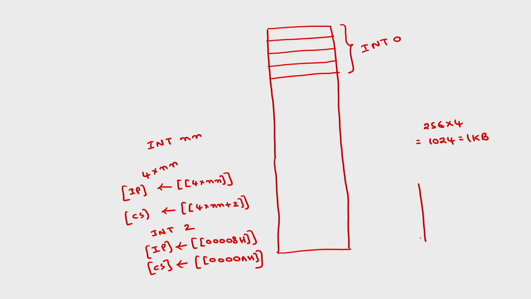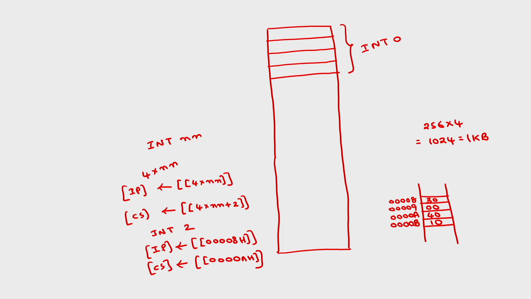So if you have 00008H in the memory, if you have something like 3000, some 4010, then what will be the contents of instruction pointer?